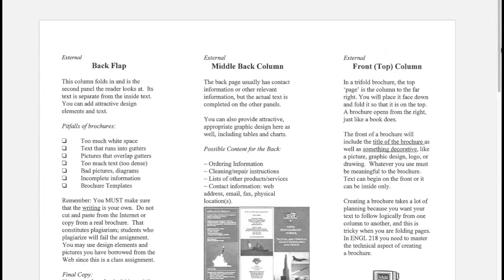Because if we think about it, the brochure is just sort of like a brief introduction to get people to go to a website, or to get people to go to a clinic, or to get people to visit a certain place. So the brochure is not going to be like a book. The brochure is just going to include the most important information that will draw people in. And that's what you need to keep in mind.